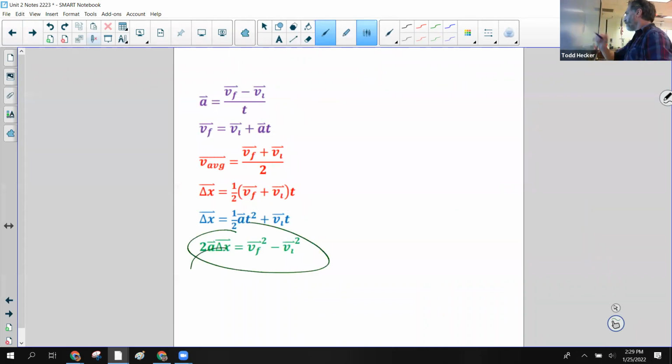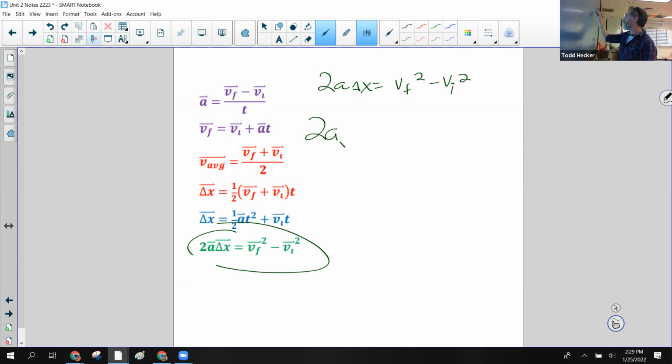So this one, from an AP perspective, is going to look like this. The original equation is 2a delta x equals vf squared minus vi squared. That becomes 2 times the acceleration in the x dimension times, remember, displacement is x minus x naught, equals v squared in the x direction minus v naught, your initial velocity in the x direction, squared.